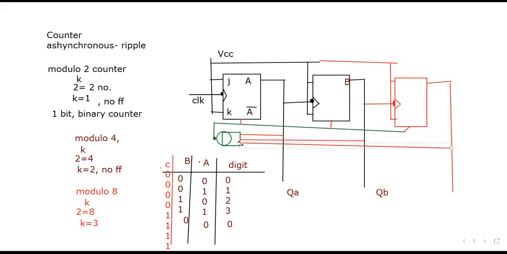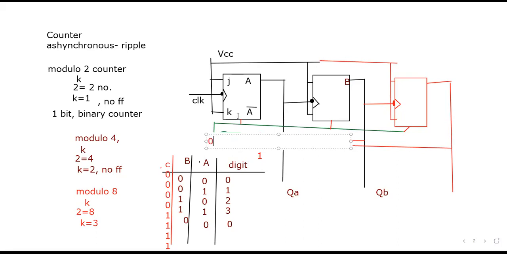So the NAND gate says if any input is 0, the output is 1. So no 0 is here, so the output is 0. All ones. See, we have all 1 over here. 1, 1 and 1. All ones are there. No inverter is applied. So if all ones are there, this output would be 0.